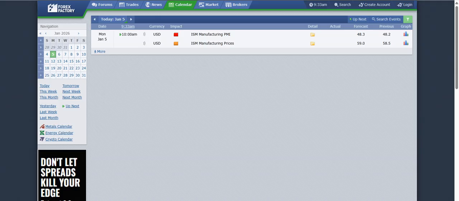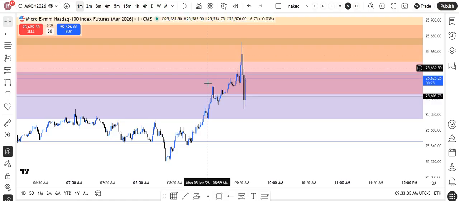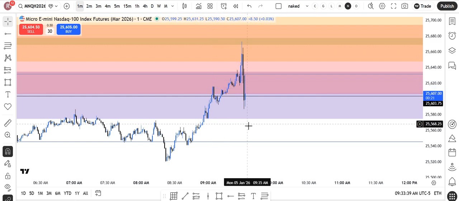So we have news at 10 o'clock. So in my opinion, I'm not going to be looking to take a trade until after that. So right now, we will keep monitoring price.